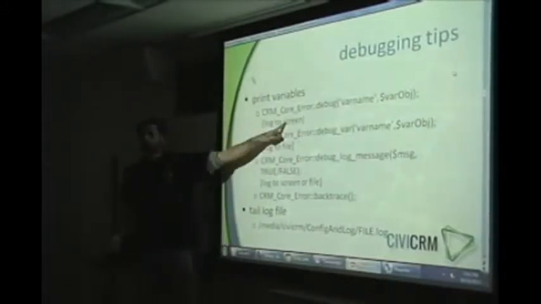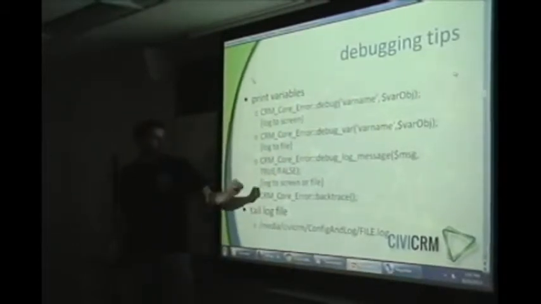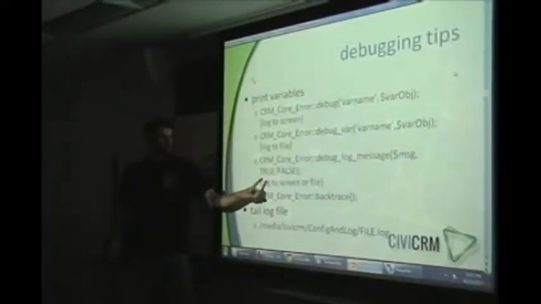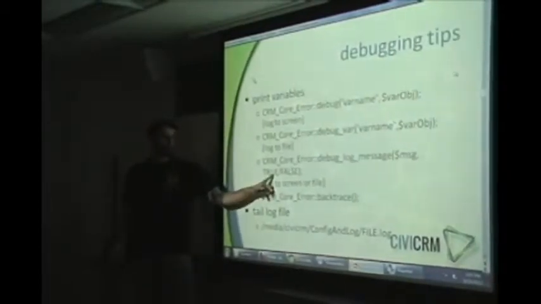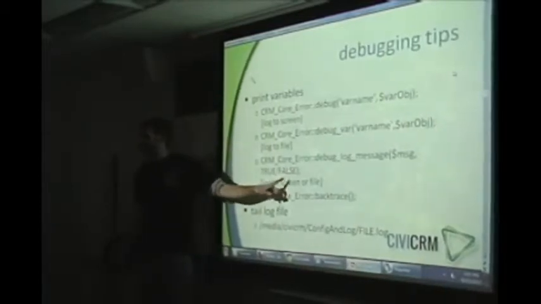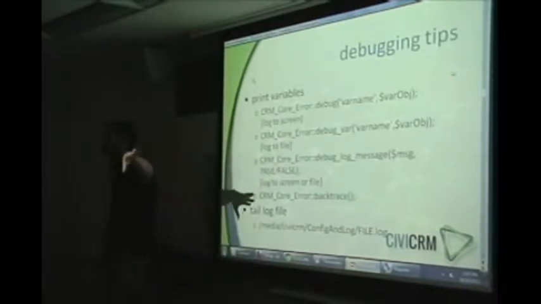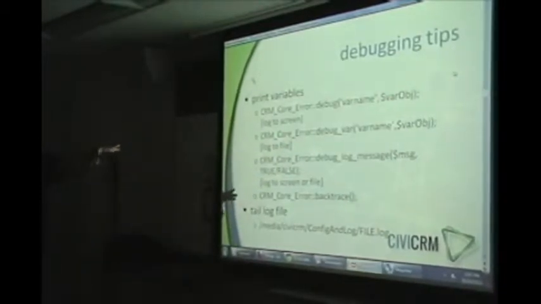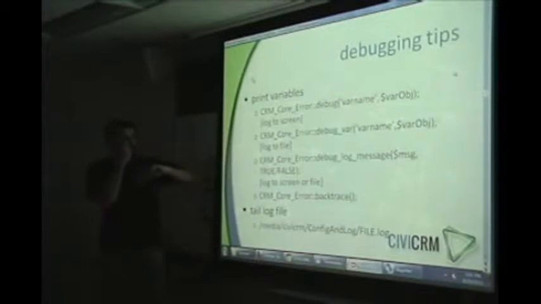The debug will log to screen, debug var will log to file, and debug log message will log to screen if set to true, or to file if set to false in the second parameter. And those are just nice because they basically are the equivalent of wrapping a print_r in pre tags, so that when you see your arrays and your objects, they're using Courier and they're structurally presented. So that's just a really nice feature.